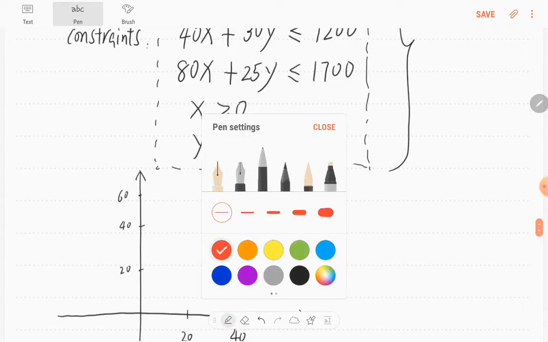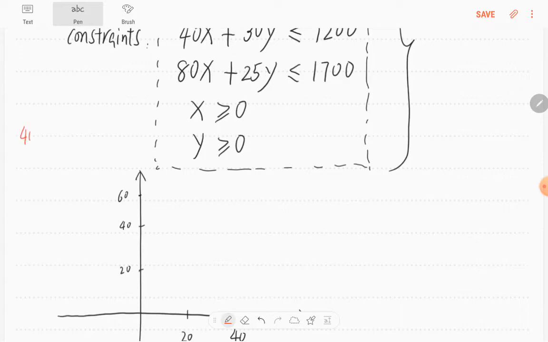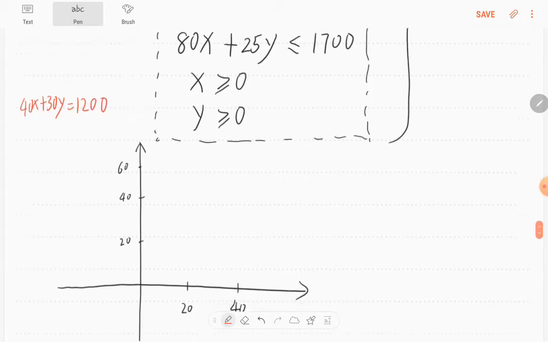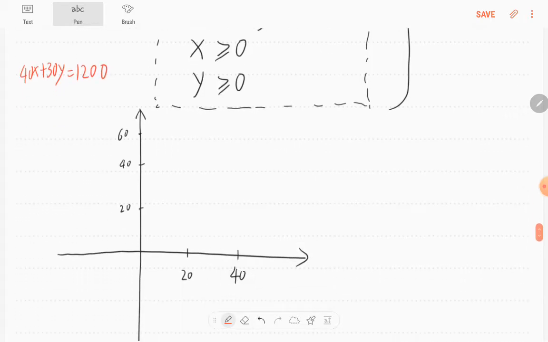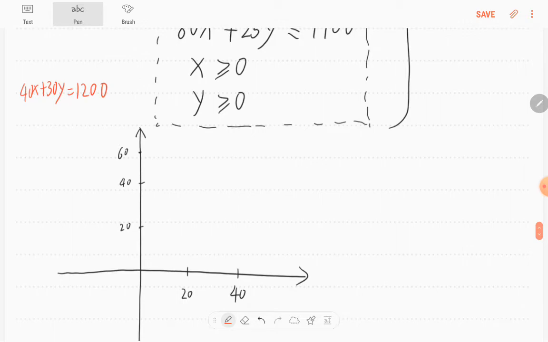We use another color: 40x plus 30y equals 1,200. Okay, so we need to draw the boundary first, right? We need to find 2 points. One point: if x equals 0, y would be 40. If y equals 0, x should be 30.